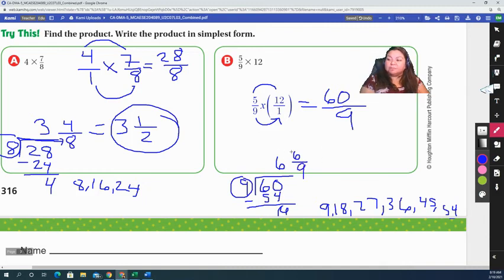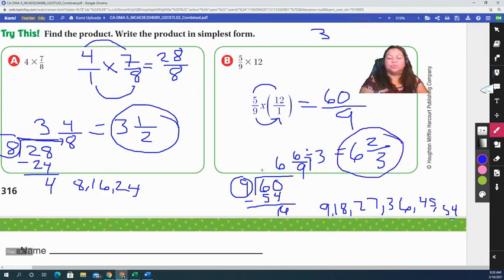Now it's easier to simplify the 6 ninths because I can see that the number that can go evenly in 6 and 9 is 3, because 6 and 9 are multiples of 3. So I'm going to divide by 3 both the numerator and the denominator so that the answer then is 6 divided by 3 equals 2. 9 divided by 3 equals 3. So the answer is 6 and 2/3.